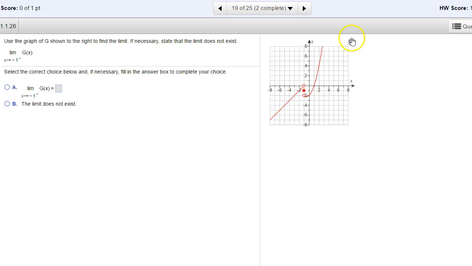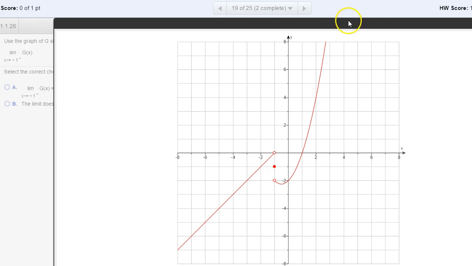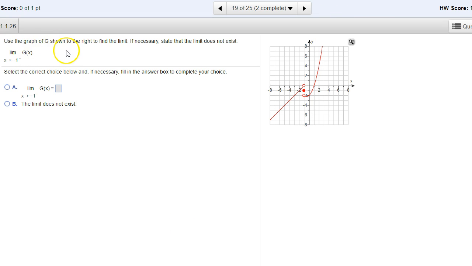And we'll do one more here. Don't forget we got the little magnifying glass in the upper right-hand corner that lets us see things a little better if we need to. We have the graph G shown. It's asking about as x approaches -1 from the left. Here is x equals -1. We've got a bunch of things going on here. The only important thing is what is happening to the function as we approach -1 from the left-hand side, which means starting from over here and moving toward -1, x equals -1.